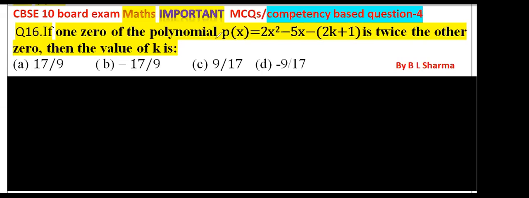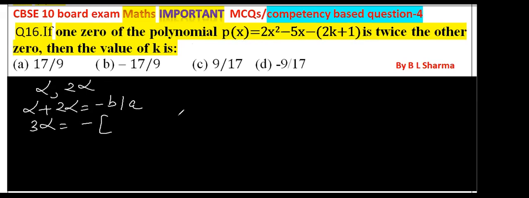If one zero of the polynomial is twice the other, then the value of k. Look, if one zero we have is alpha, then the second will be twice of alpha, it is doubled because it is given twice. Sum of zeros is given, that is minus b upon a. So 3 alpha, minus as it is. Look, here b is -5, so we can write -5, and a is 2 because the coefficient of x square is 2.